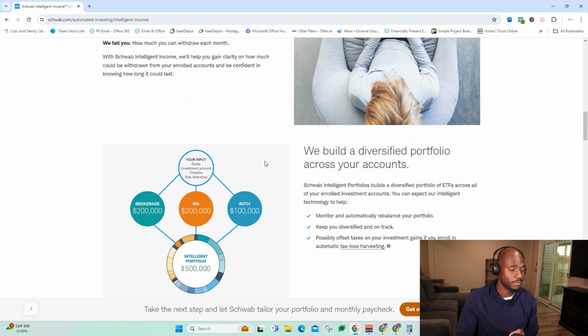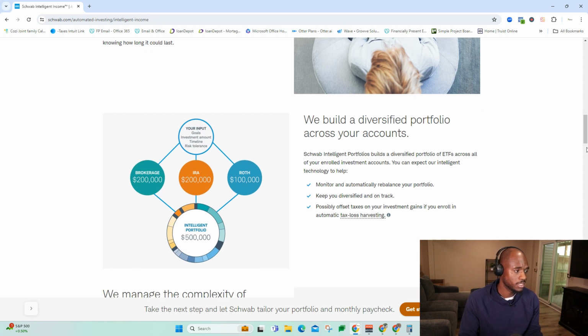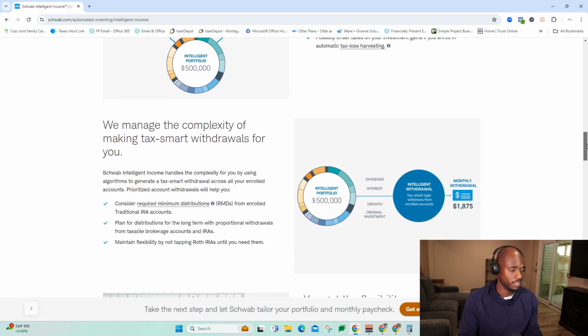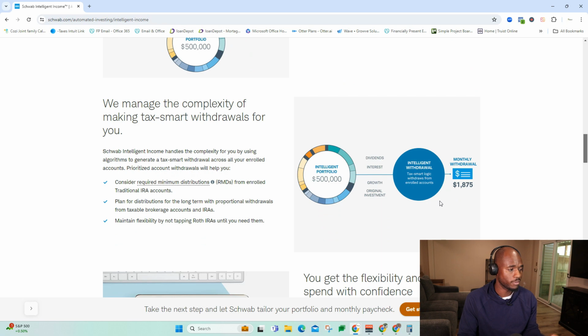And one of the pieces that I thought was pretty cool is that it's going to understand the different types of accounts from a tax perspective, because there are advantages from pulling from a Roth at specific times or pulling it from a traditional at specific times. So this intelligent income portfolio factors that type of stuff into a monthly withdrawal amount that you'll be able to understand.